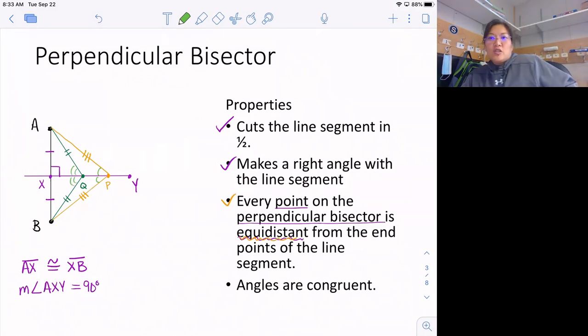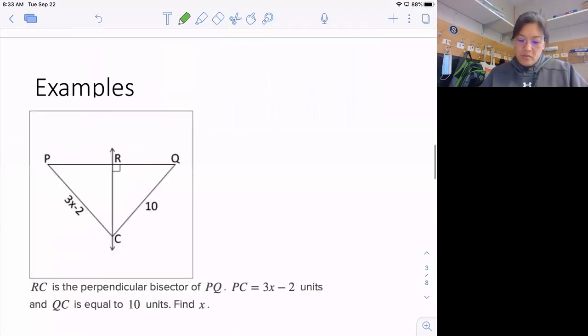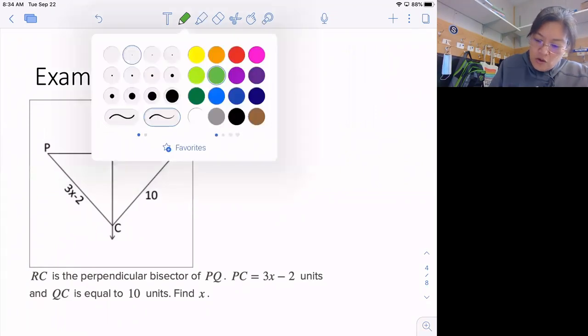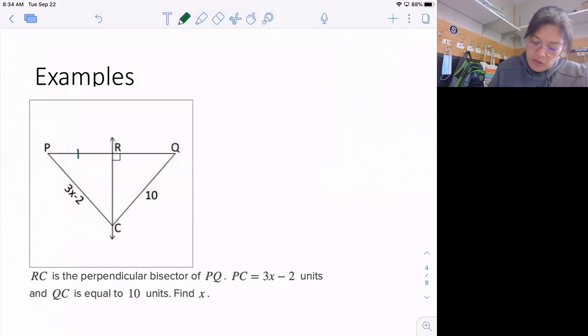Now let's do a couple of examples. All right, first of all, read it. Bingo. RC is the perpendicular bisector of PQ. So that means the distances PC and CQ have to be the same length.